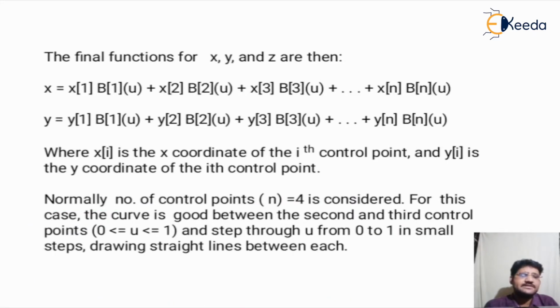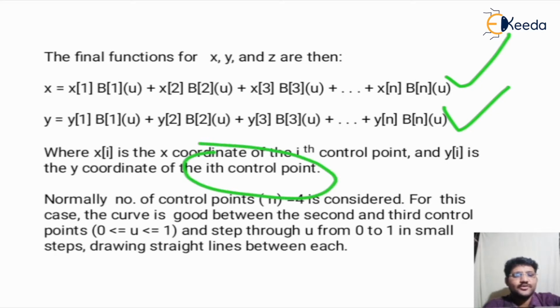By using the blending function, we finally get the individual functions for coordinates x and y, the equations: this one for the x-axis and this one for the y-axis, where xi is the x coordinate of the ith control point and yi is the y coordinate of the ith control point.